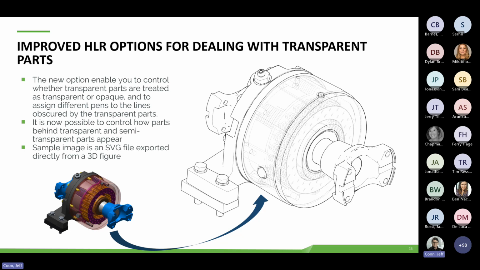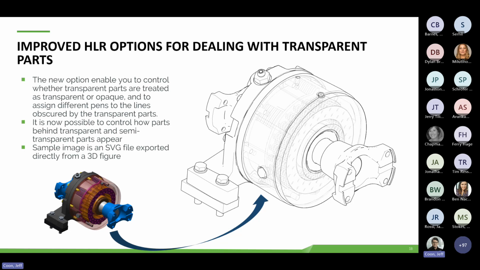The sample image that you're seeing here is actually an SVG file that was output directly from a full 3D figure. So any questions there? I do see a couple coming in. Fairy says, where in the options can I control this, if it is controllable?